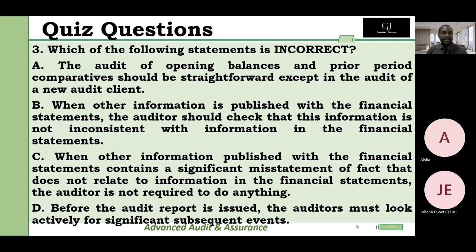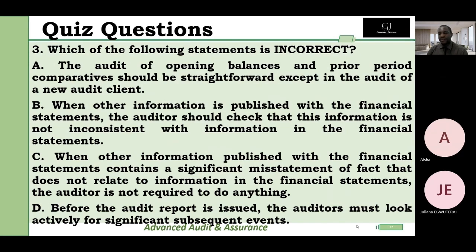There's no doubt. Roman numeral 1, 2, 3, 4. Okay, which of the following statements is incorrect? A, the audit of opening balances and prior period comparatives should be straightforward, except in the audit of a new audit client. B, when other information is published with the financial statements, the auditor should check that this information is not inconsistent with information in the financial statements.